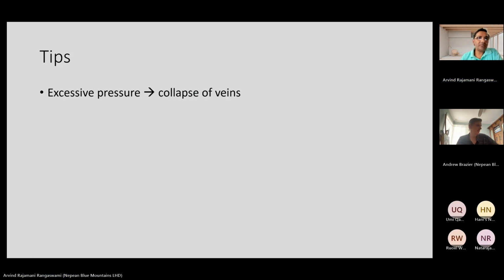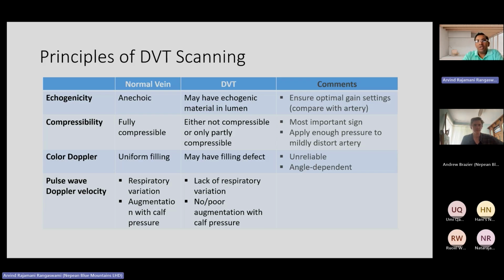Now, what are the principles of DVT scanning? These are the important things that you look for, and among these, the most important two things are these two: echogenicity and compressibility.